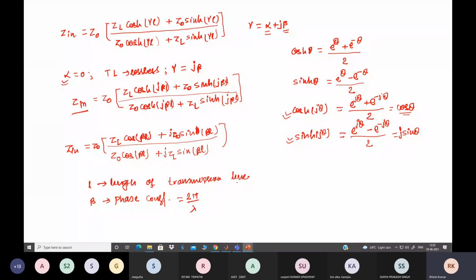The whole term, the multiplication beta into L, is combinedly known as electrical length. For any value of L given in terms of wavelength, in problems generally the length of the transmission line is mentioned in terms of wavelength. So after multiplying L as a function of lambda with 2 pi by lambda, we can get some constant phase shift.